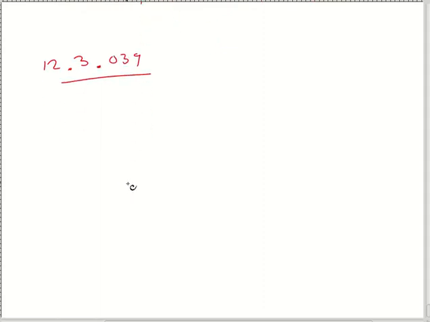Okay, 12.3.039. I got A is equal to negative 8, 15. And then I got a B vector, which is 3, 5. And these are two different things here.